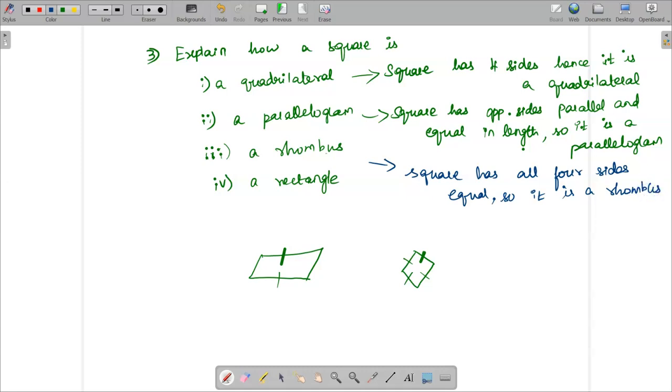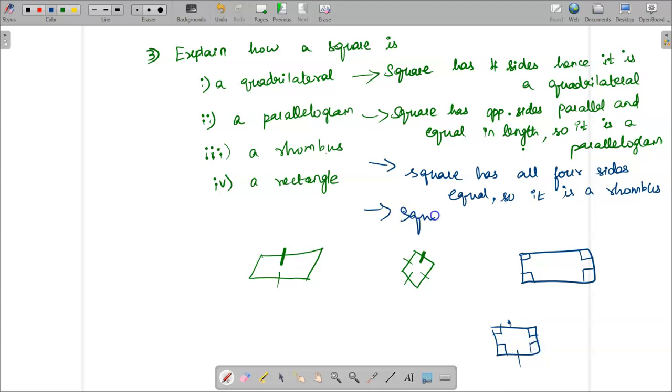What about the rectangle? A rectangle is one where opposite sides are equal and each angle is a right angle. So this condition is also satisfied in a square, right? Opposite sides are equal and all the angles are right angles in a square.